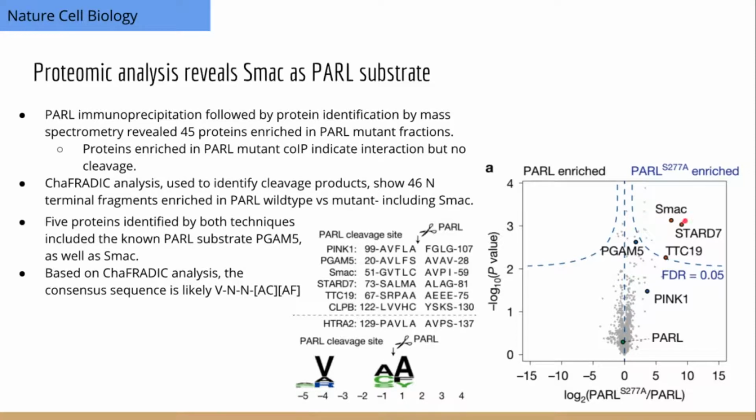So these are proteins that were identified by both high-throughput cleavage analyses. And also note PINK1. It's a known substrate of PARL, although it was only observed in this co-IP analysis and not in CHAFRADIC, likely because its cleavage is dependent on membrane depolarization, but that's another story.